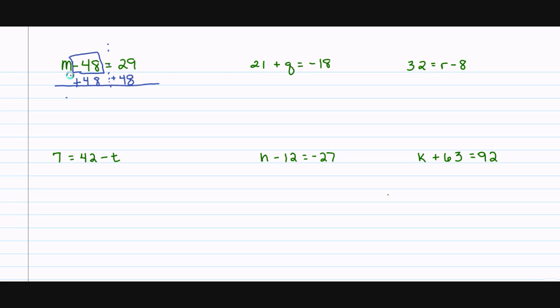I bring whatever's left on this side down, m, that equals 0, so it cancels out, equals, and 29 plus 48: 9 plus 8 is 17, carry the 1, 4 plus 2 is 6, plus 1 is 7, so 77.